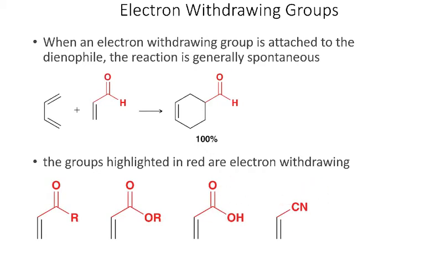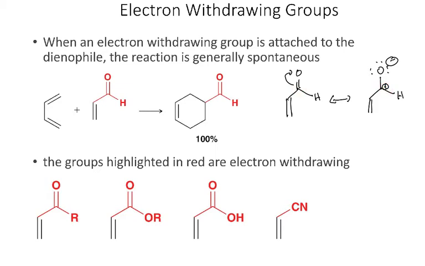Now, why are they electron withdrawing groups? Let's take a look at the resonance structures for this aldehyde. The first thing I can do in terms of drawing resonance structures is move that pi bond up to be a lone pair on the oxygen. That makes the oxygen negative, and the carbon that lost the pi bond becomes positive.